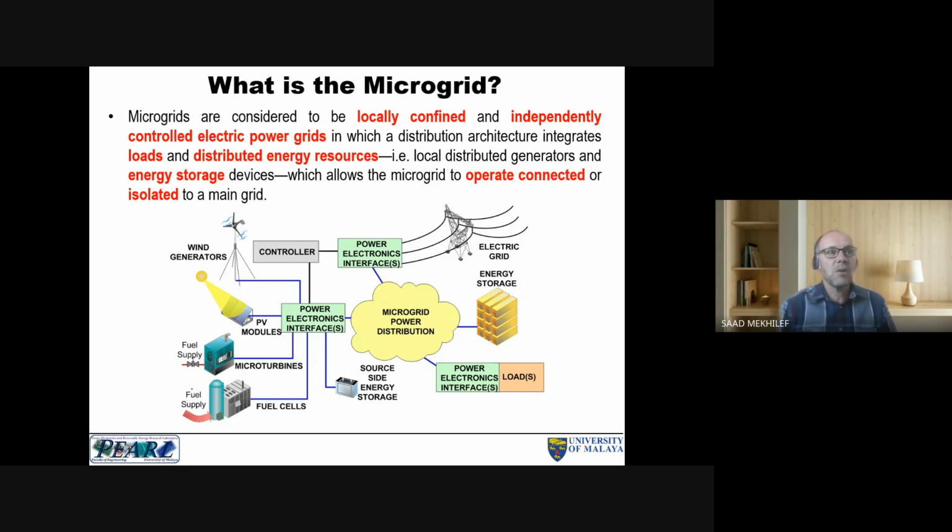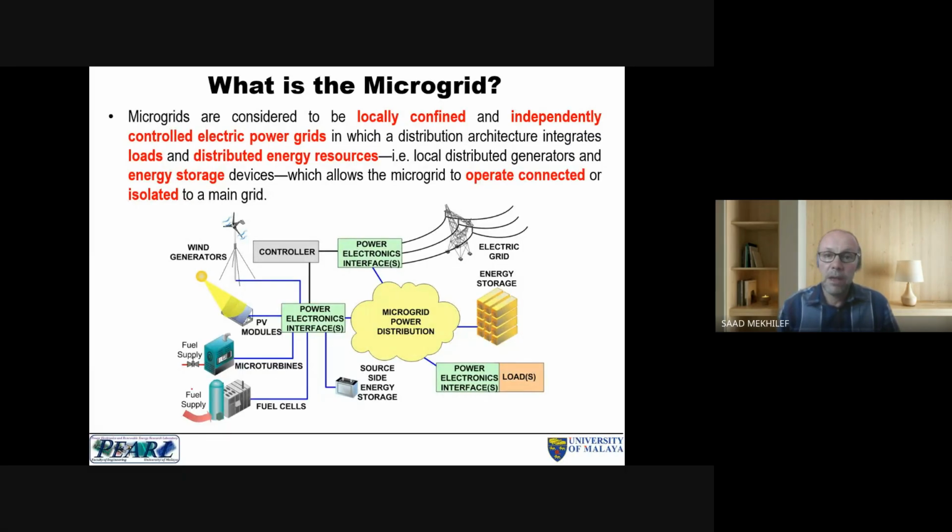So it is locally controlled, and it should have the load. It should have the distributed sources, such as solar or a diesel generator or fuel cell or whatever. So you can have different combinations.